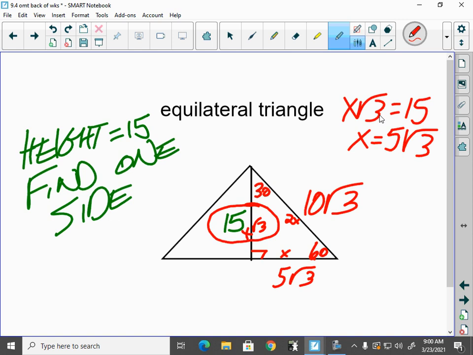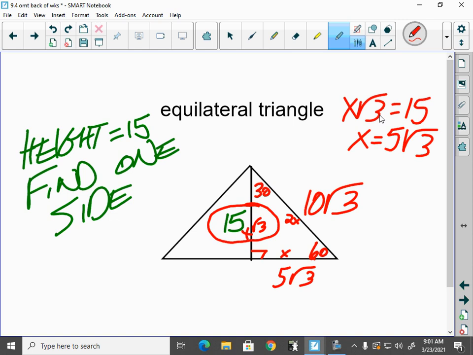But wait, the square root of 9 is 3. But what's 15 divided by 3? Didn't you learn that in lab? Yeah, you did. But okay, so this is the same as dividing by 3 and throwing on the square root of 3. This is basically the same thing, just different shape.